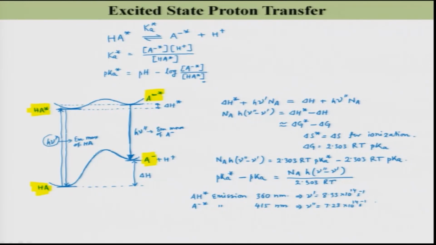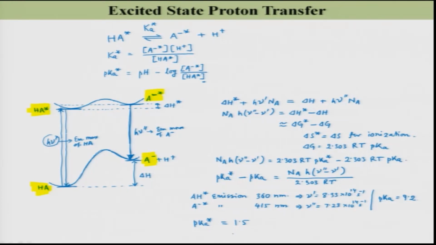If I already know that pK of this molecule is 9.2 in the ground state, then pK star can be calculated from this equation, and if you calculate, you will get around 1.5. So, immediately you will get this value.